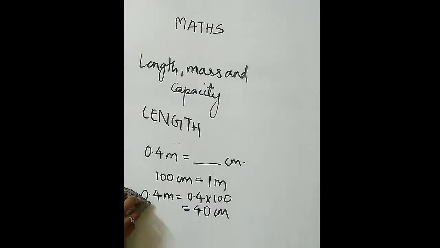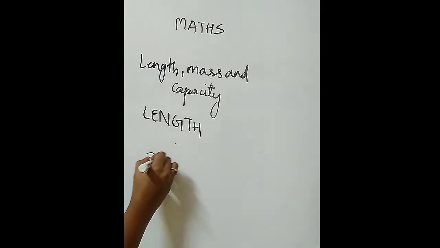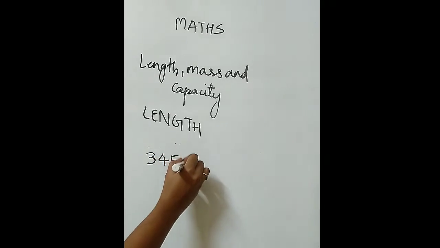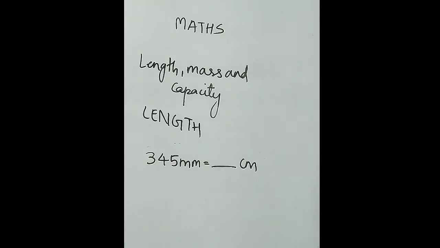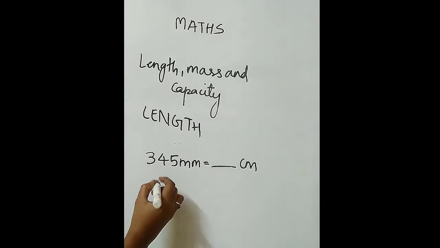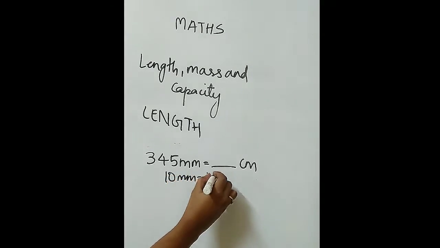Now we'll see the next one, from smaller to bigger unit. How will we do it? Very simple. The number given is 345 millimeters, students. I have to convert it to centimeter. I told you that when it changes from smaller to bigger, then you have to divide. And we know that 10 millimeter is equal to 1 centimeter.